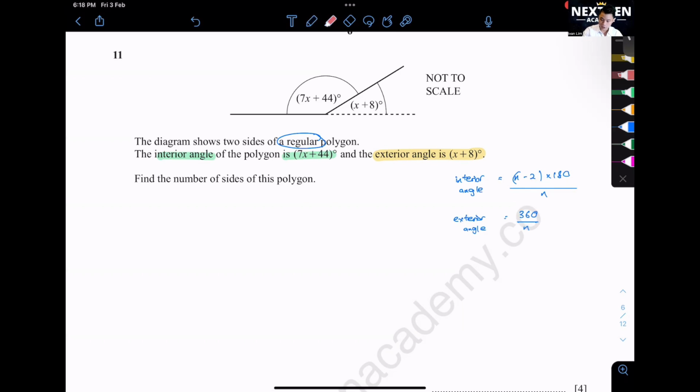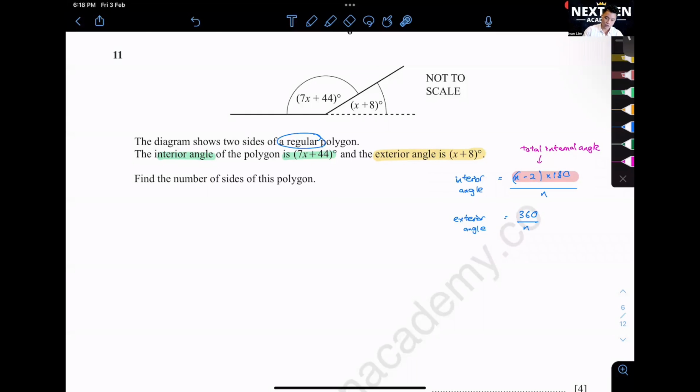For this part, just remember this is the formula for total internal angle. Don't need to memorize so many formulas. You just use your logic to derive the formula. N minus 2 times 180. What's the theory behind it? You're multiplying by the number of triangles. But that one you don't really need to know. 180 is the angle sum of each triangle.